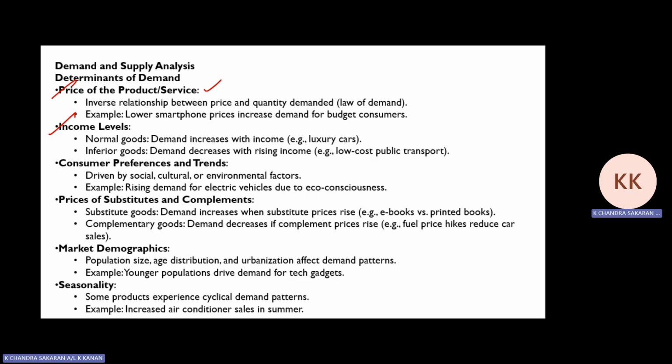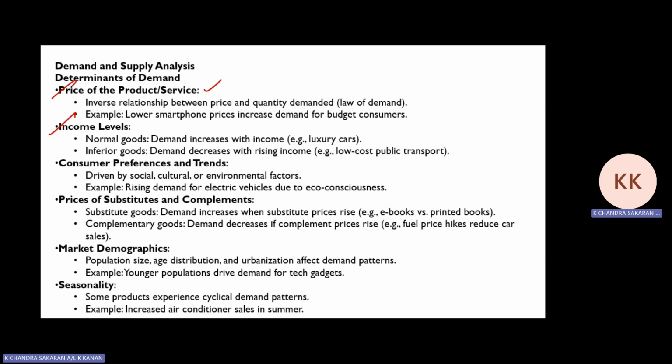Otherwise, the product will be consumed by low-income consumers, and low-income consumers are becoming fewer because most are now becoming middle-income or higher-income consumers. Higher-income and lower-income consumers' behavior are totally different. The kind of product they buy is totally different. So the industry you have chosen, what type of product are they selling, and for which kind of consumer?